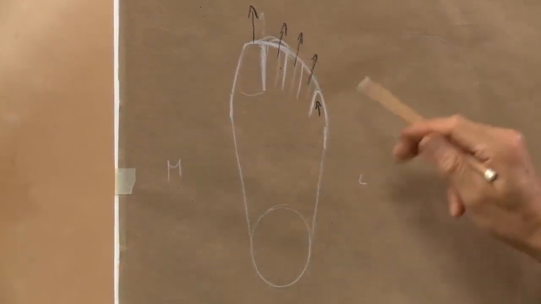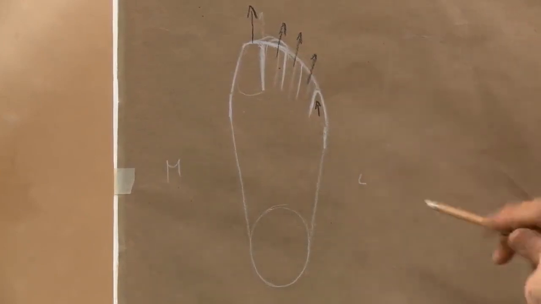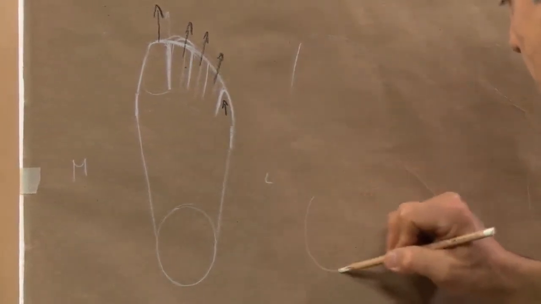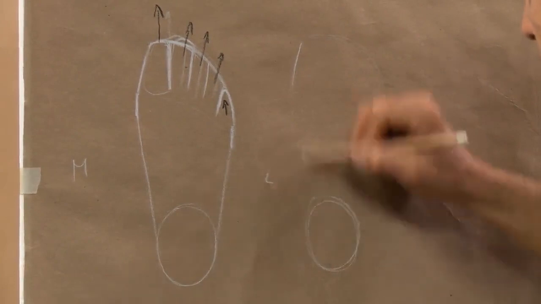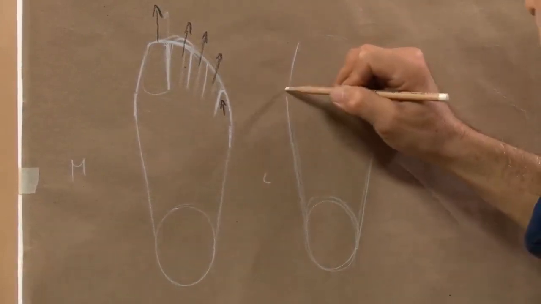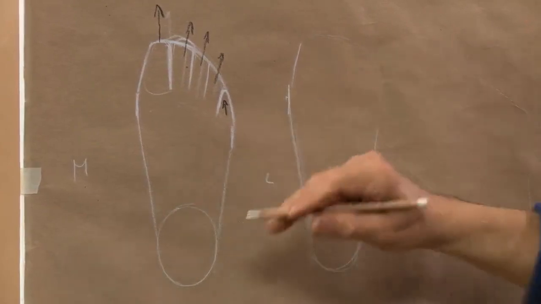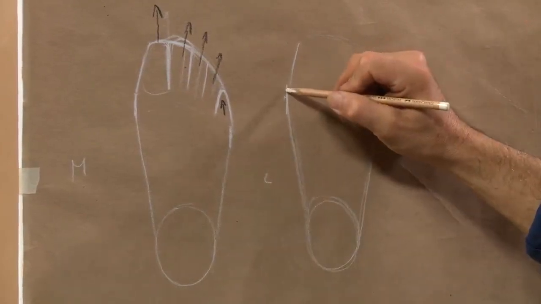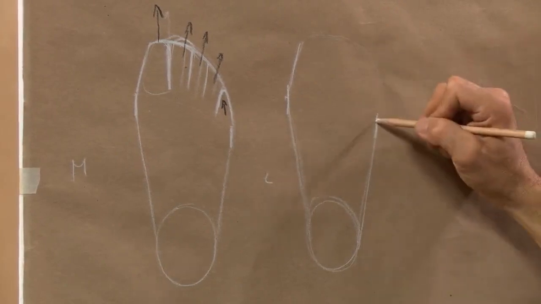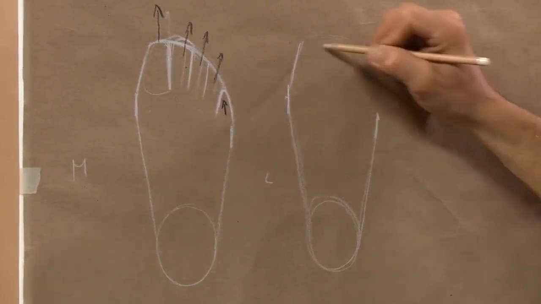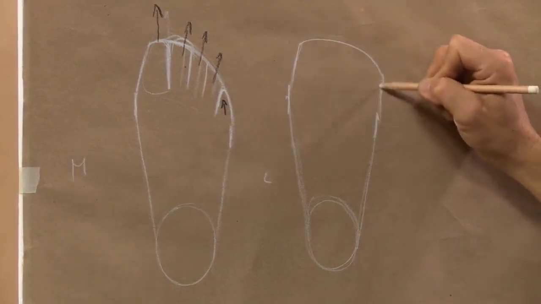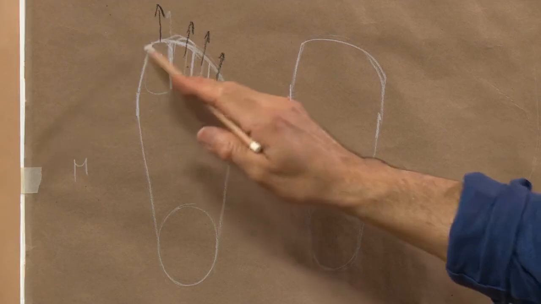Another configuration for the foot is this. I have, starting again with the heel, moving up with the medial line and the lateral line, keeping in mind that the maximum width medially is going to be higher, and the lateral width is going to be a little bit lower. I'm going to have this top portion of the toes not so steep.